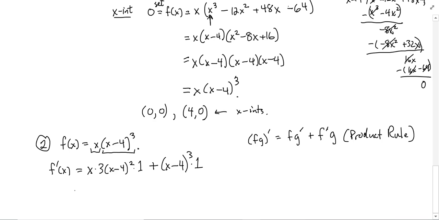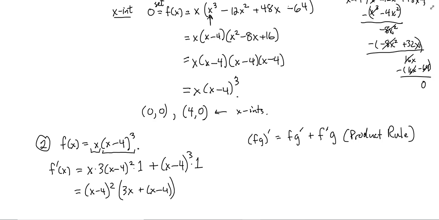Now I'll simplify this by factoring out an x minus 4 squared from both terms. What remains is 3x plus x minus 4.